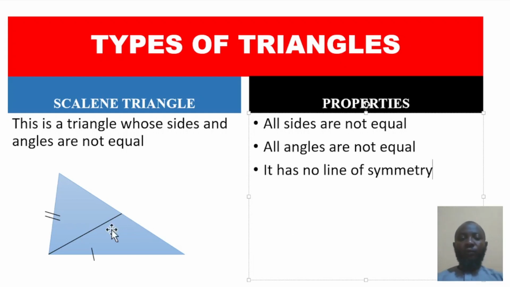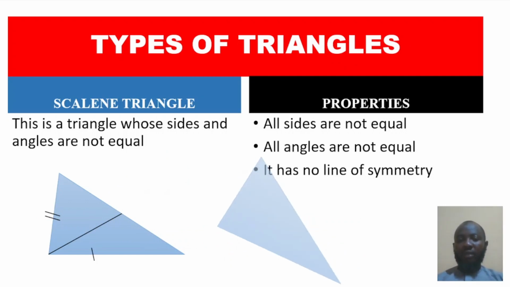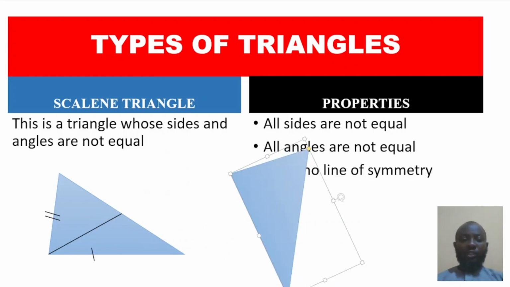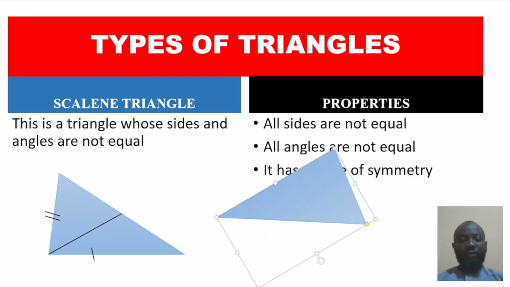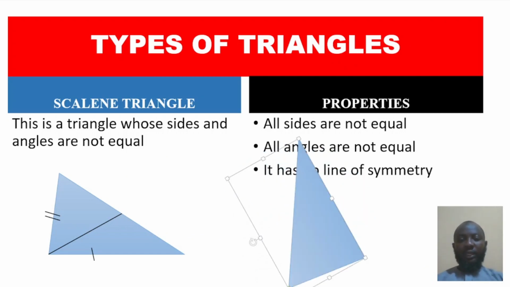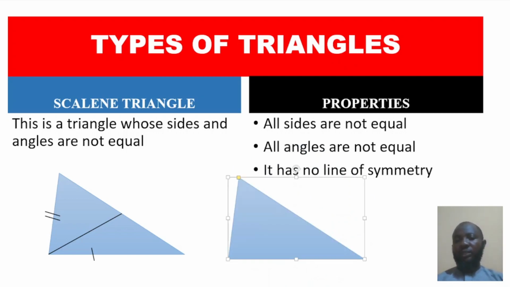So if I want to rotate it, let me duplicate it and see if we can have other rotational symmetry. So let's rotate it and see what we're going to have. This is the first rotation. It's not the same thing. Second rotation is not the same thing with what we have here. Third rotation, it's not the same thing. And the fourth rotation comes back to the same position.